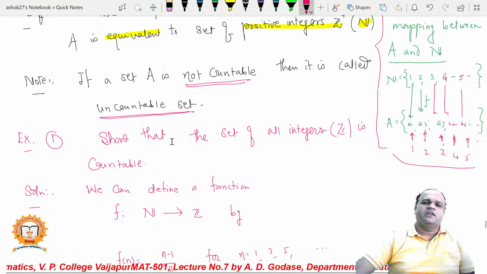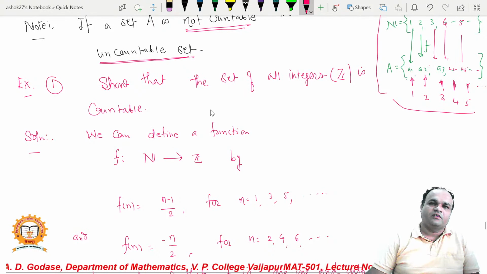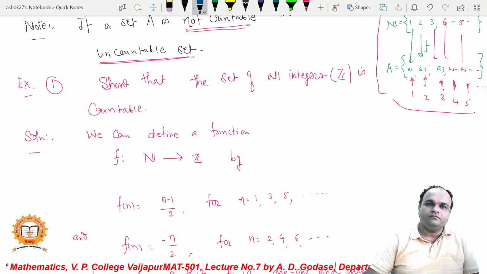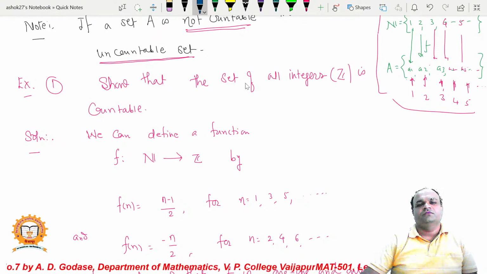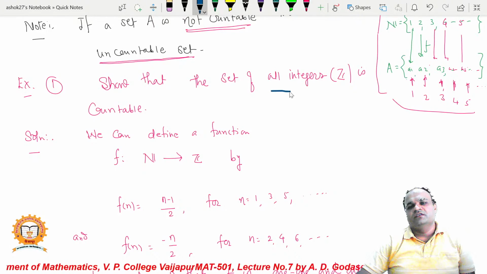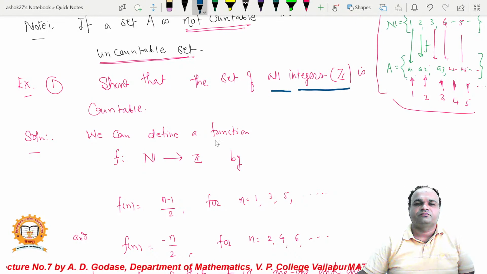Now you can consider one example of a countable set. Show that the set of integers is countable. What is the set of integers?